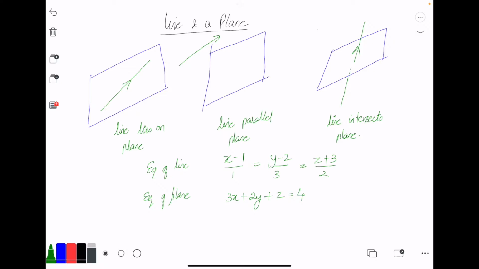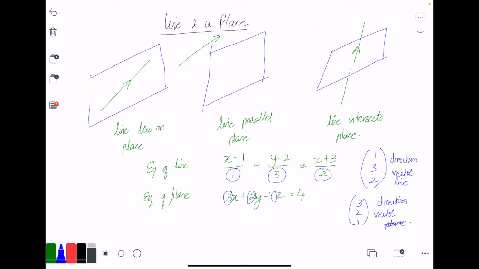Now, how do we determine whether the line lies on the plane, is parallel to the plane, or intersects? For that, we have to compare the direction vector of the line with the normal. Just to clarify, this is not the direction vector of the plane, this is the direction vector of the normal to the plane.